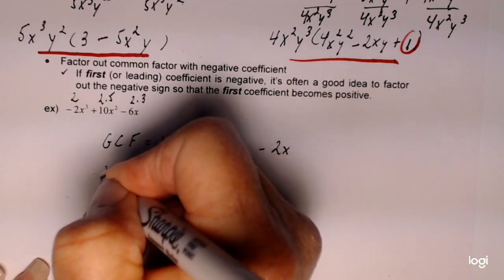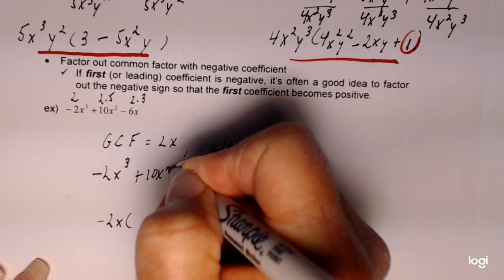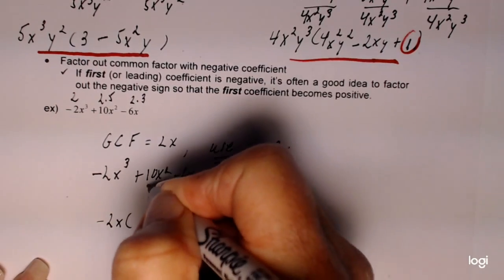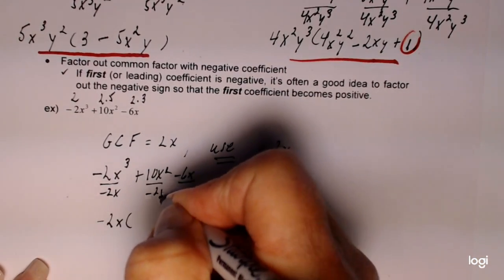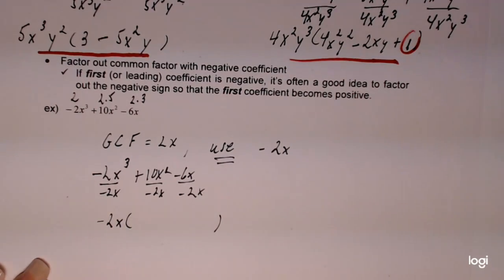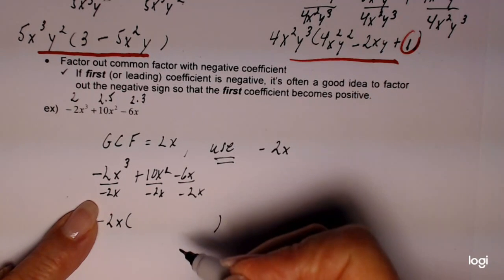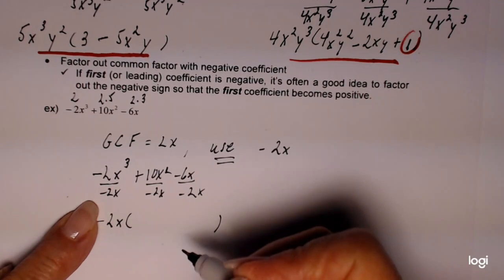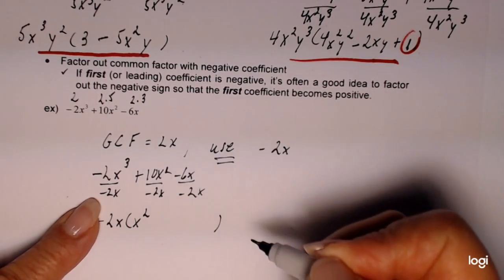We have negative 2x cubed plus 10x squared minus 6x, all divided by negative 2x. So negative 2 divided by negative 2 is going to give us the positive we want, positive 1. X cubed divided by x is x squared.